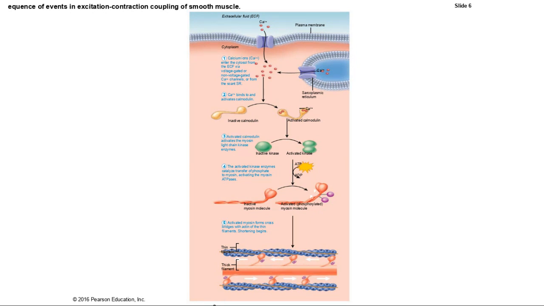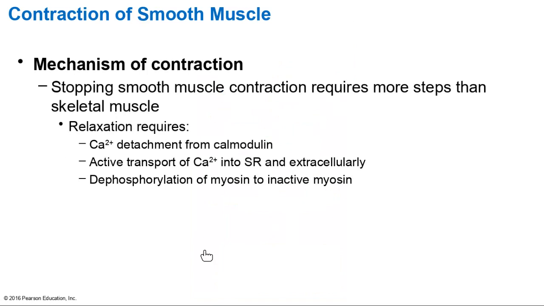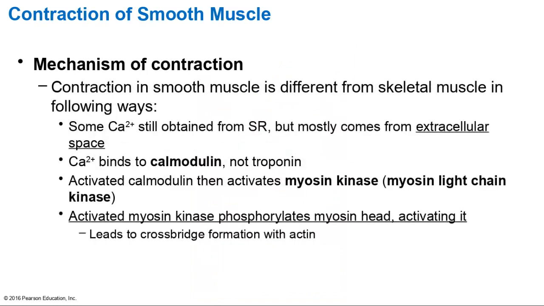So let me go back and make sure I said everything. Right. Okay, and I basically said all this, remember. So we're going to have calcium coming into the muscle cell. That calcium, as well as calcium retrieved from the SR, is going to bind to calmodulin.